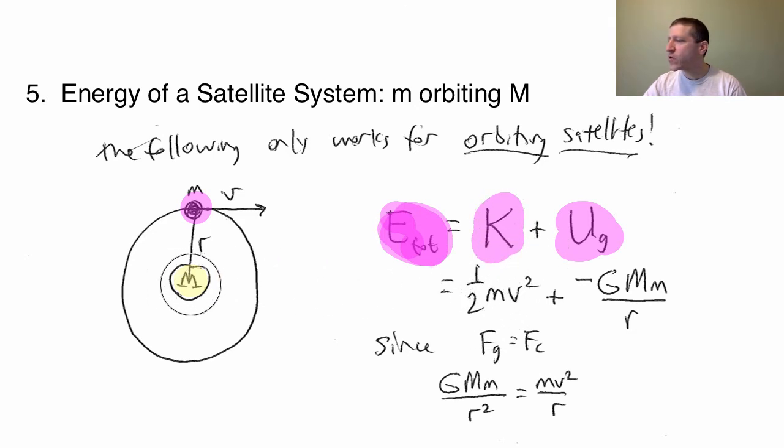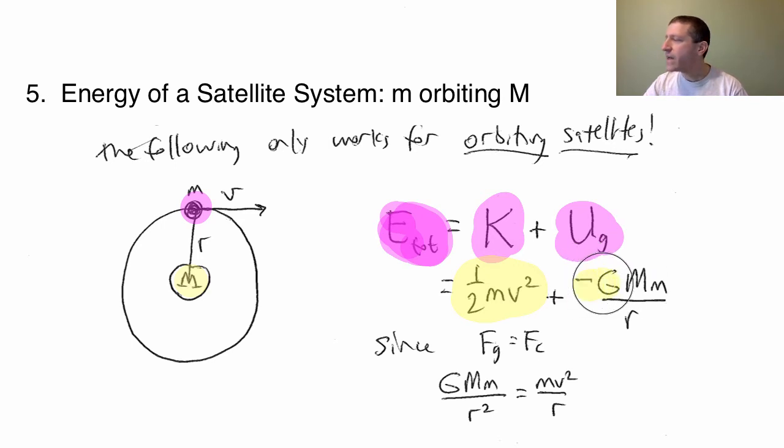So let's go ahead and take a look at this now. We're going to assume that this central mass is not moving, so that our kinetic energy all comes from the motion of what? Our satellite. So 1/2 mv squared is the kinetic energy of our satellite. Again, this derivation only works for satellites in orbit. What is our gravitational potential energy? And this is for the system of the two masses.